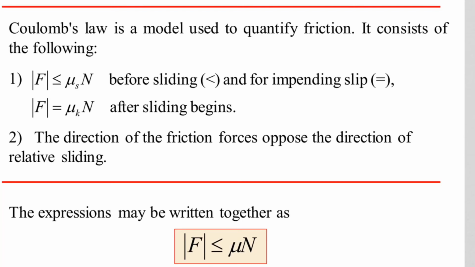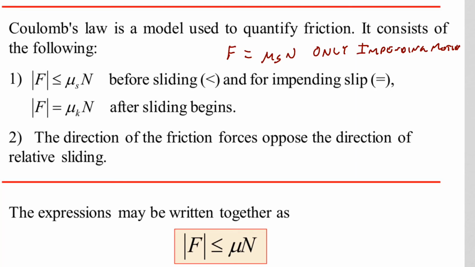The problem that students typically get is they think that this frictional force F is always equal to our static coefficient of friction times the normal force, and that is just not true. So this is not always equal to mu s N. This is only for impending motion. Otherwise, it is less than this value.